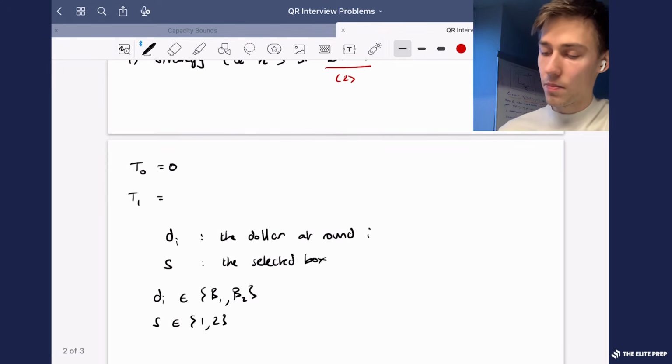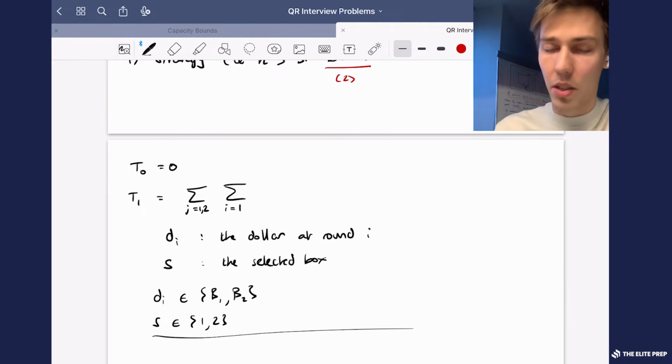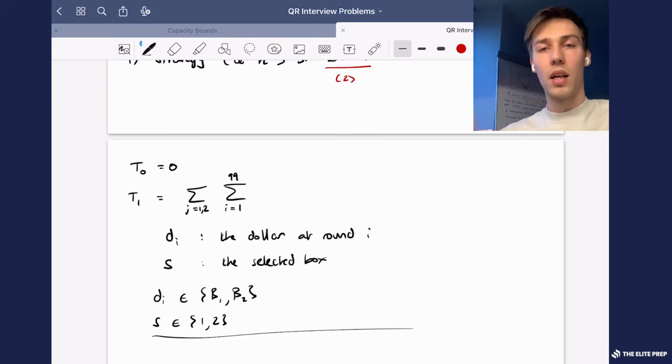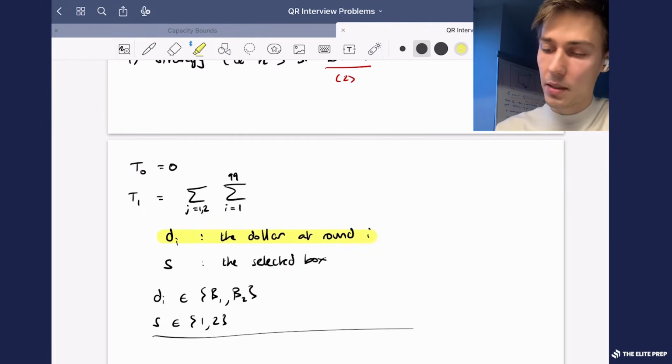So given these, we can then say that T1 is equal to the sum over J equals 1 or 2, I equals round 1 to round 99, because when we take once, we only have 99 rounds of placing, so there would only be $99 which we place.